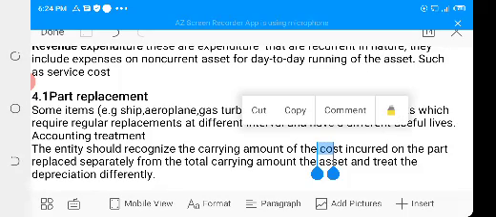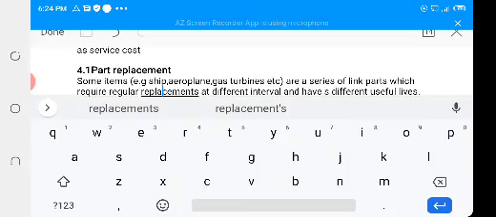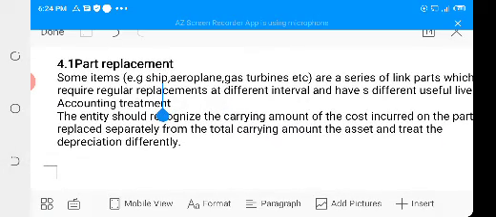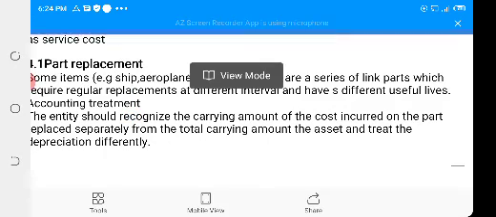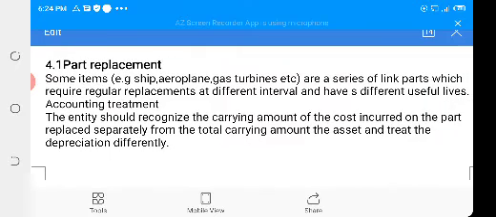When you say part replacement, that means you have a non-current asset and you now want to replace some parts. Then how will you account for such replacement?